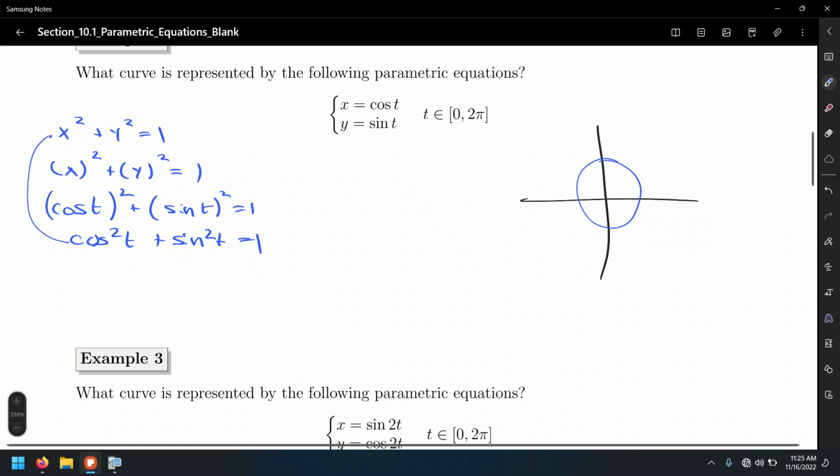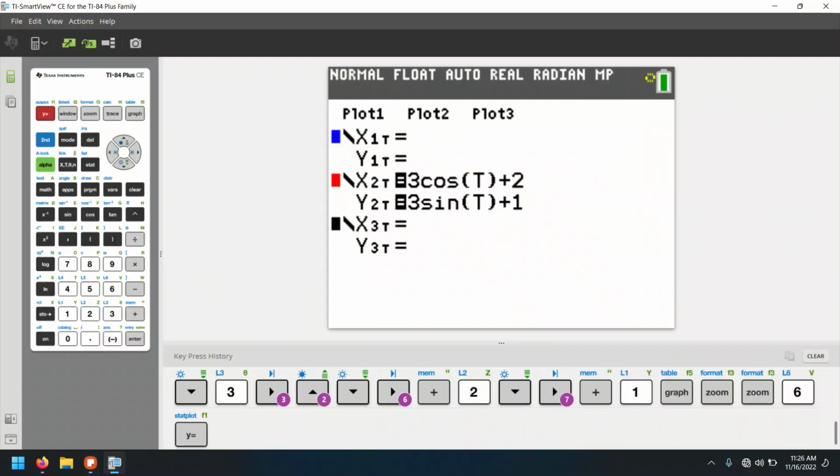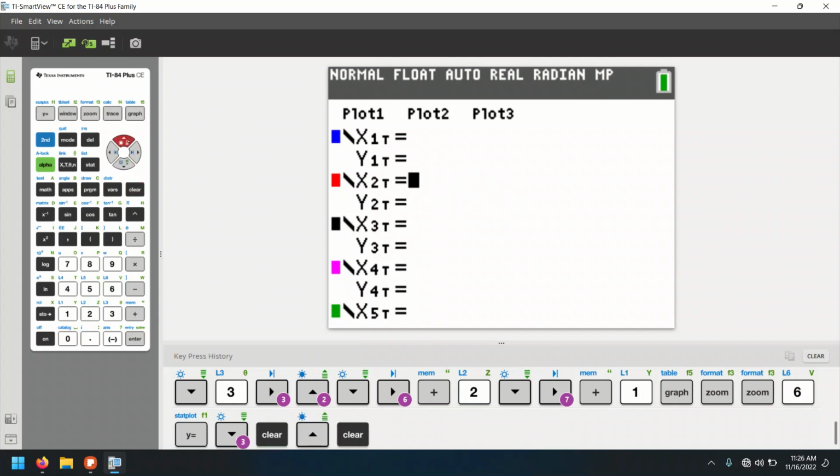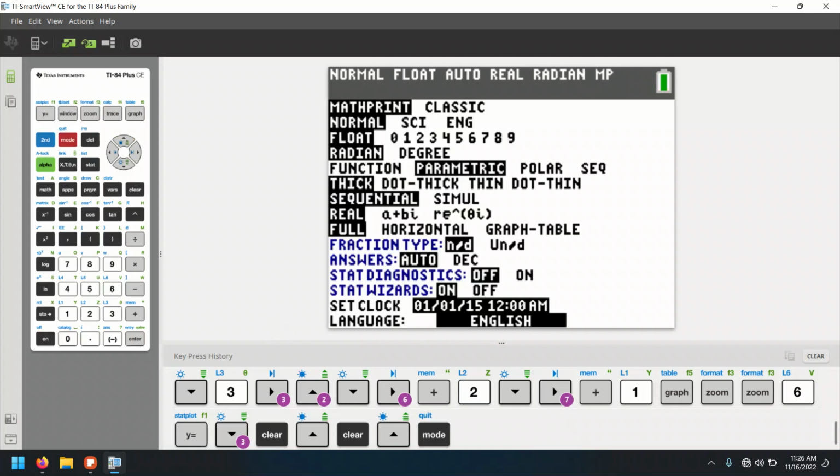For a few minutes, I'm going to go to my graphing calculator here. Let me clear everything. How do I get the parametric form? For those of you who have a TI calculator, on the mode menu, make sure that, number one, you're in radian mode, and there's the form mode for the usual graphs, y equals f of x, and parametric form, which is what we're going to do today.